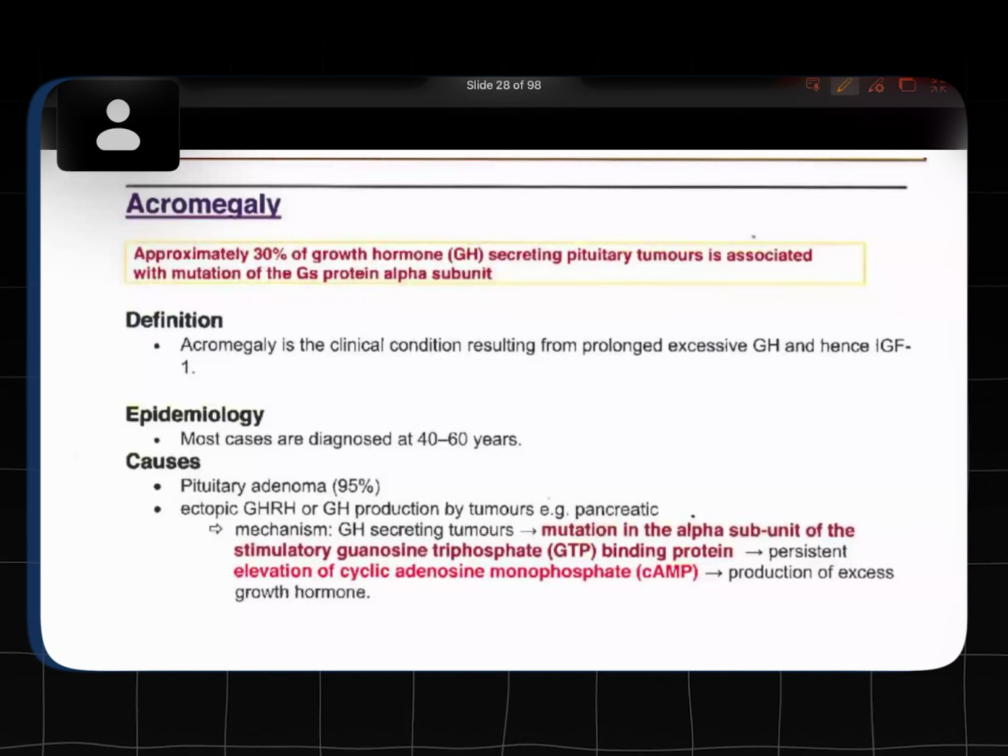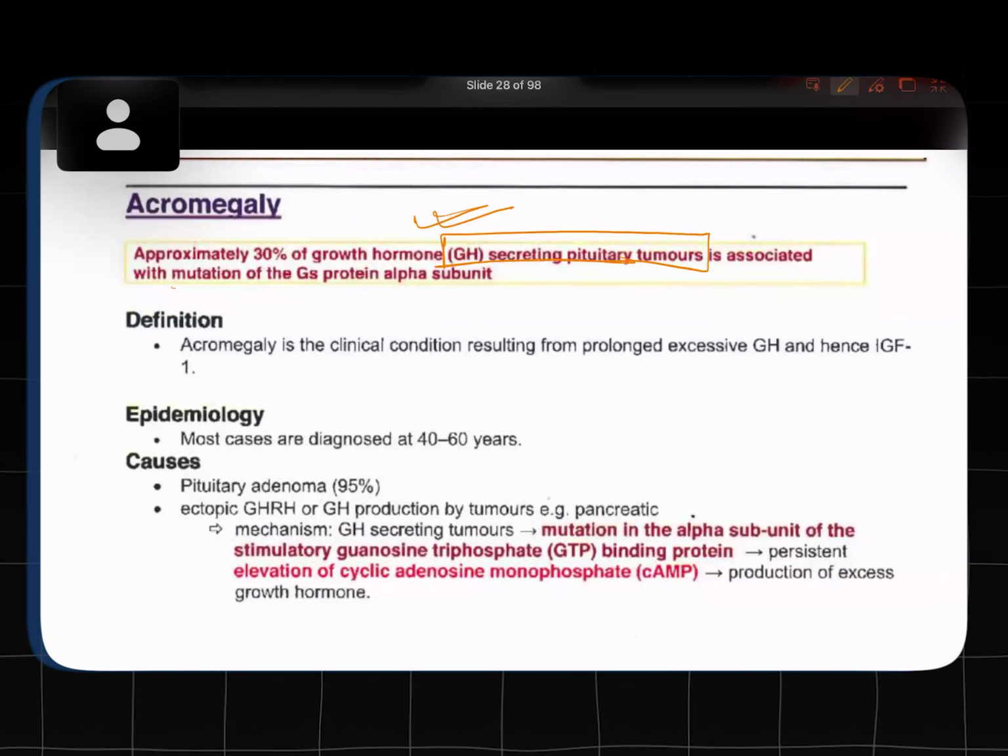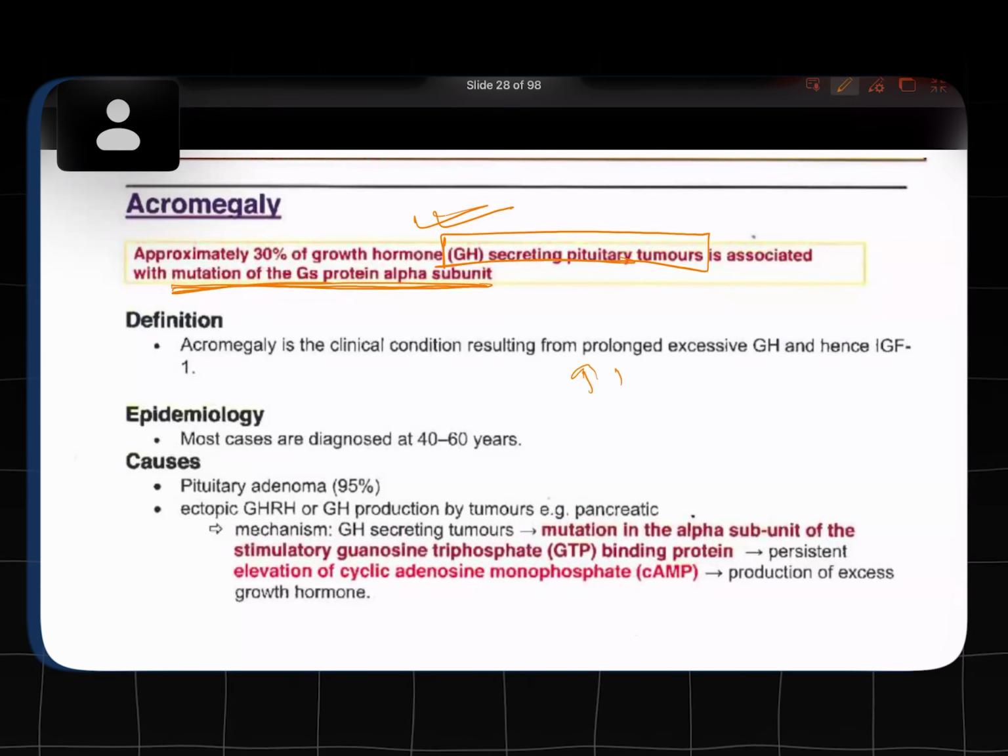Yes, coming to acromegaly, as we were discussing, the cause is a growth hormone secreting pituitary tumor. It causes mutation of the GS protein alpha subunit. There is raised insulin-like growth factor 1. These I am telling, but these are all MCQs.